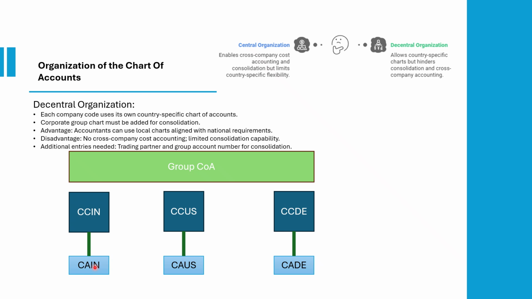But then there is a disadvantage also, because then there will be no cross company code cost accounting, okay, and consolidation will also be limited in that case. We need to enter some additional entries, like trading partner and group account number for consolidation in your master data.